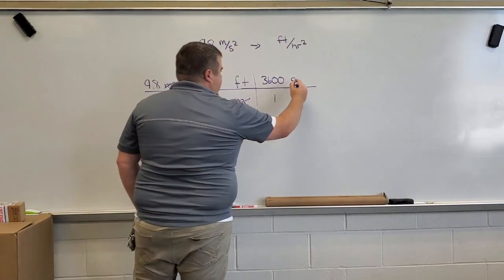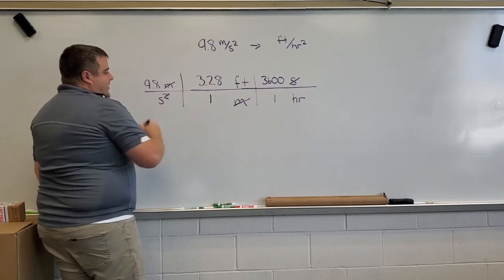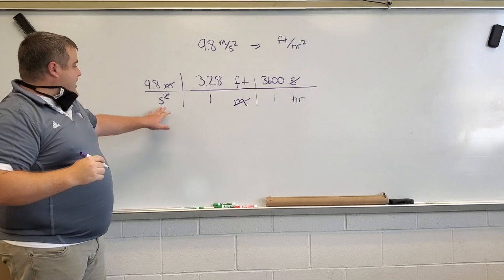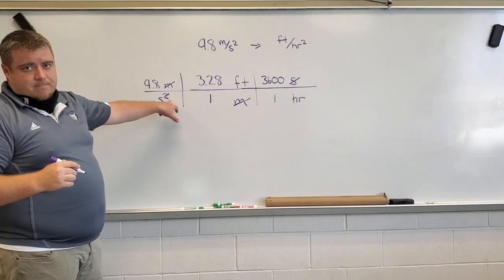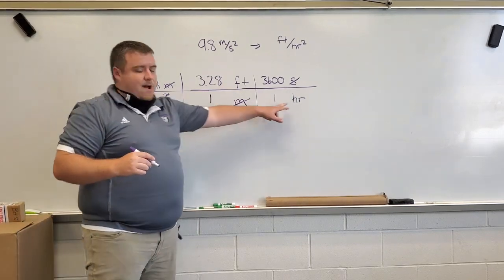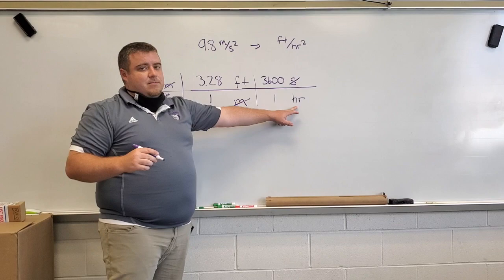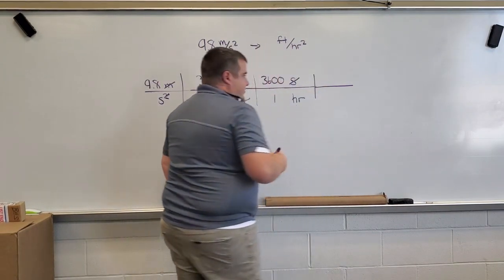So now, I have canceled that seconds with one of these seconds. I still have a seconds down here. All I've done is canceled the squared. So, at this point I have feet per second hour. I'm not done yet. So I need one more conversion factor.